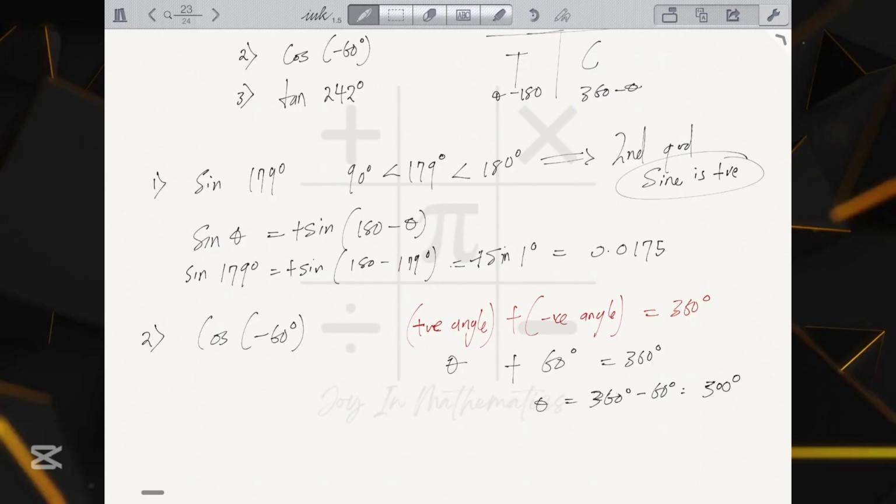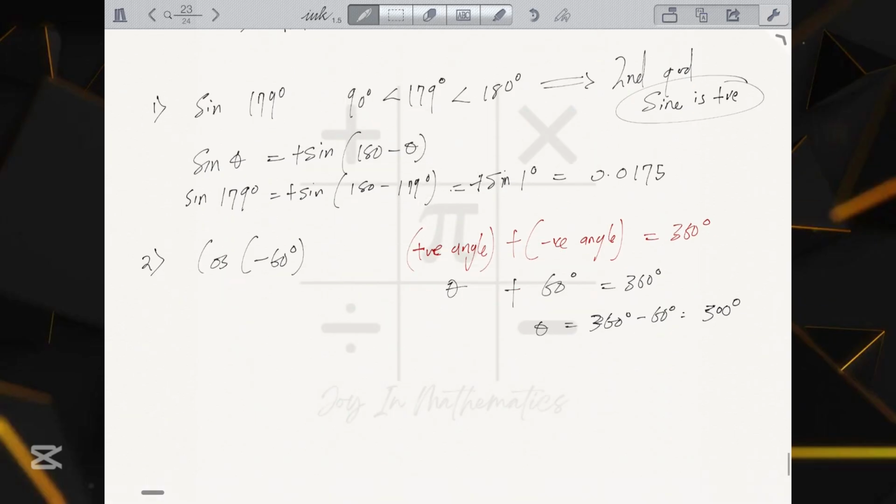So let's now apply this. Cos minus 60 degrees, which is the negative angle, will be equal to cos 300 degrees in positive angle format. Now, 300 degrees is in which quadrant? 300 degrees is greater than 270 degrees, but it is less than 360 degrees.